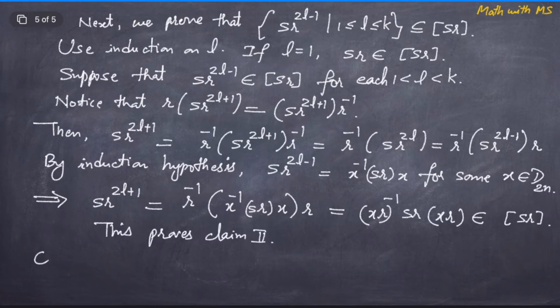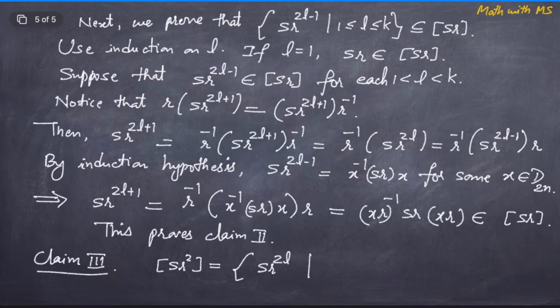And we can prove claim 3 similarly, which is that the conjugacy class of sr squared is nothing but elements of the form s r to the power of 2l, where l is bigger than or equal to 1, less than or equal to k.